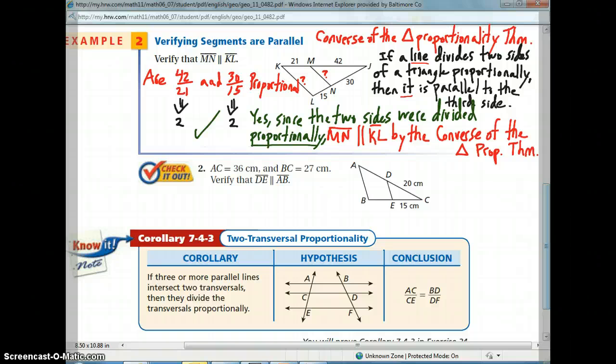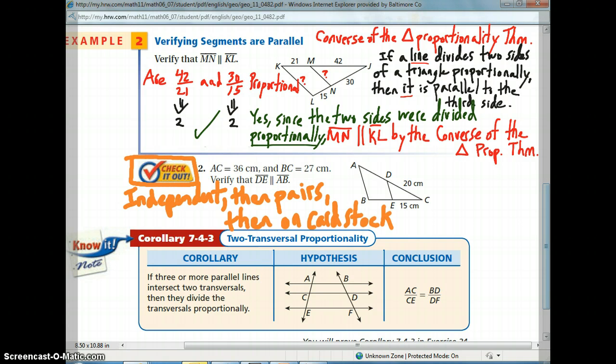Alright, so we're going to go down here, and in class we're going to do this as independent, then in pairs, then you're going to present on cardstock, and we'll do that tomorrow in class, or you can try it now on your own if you want to pause and do that. But in the meantime, we're going to continue down here, and we're going to put a corollary into our notes.